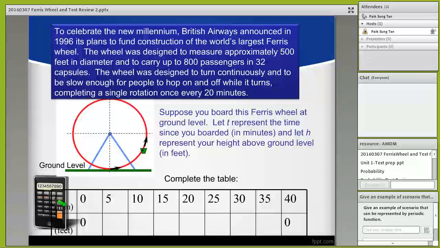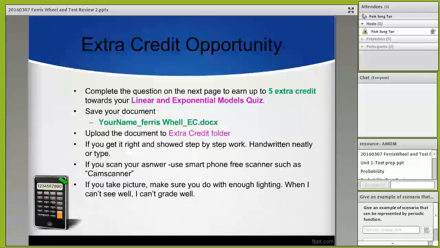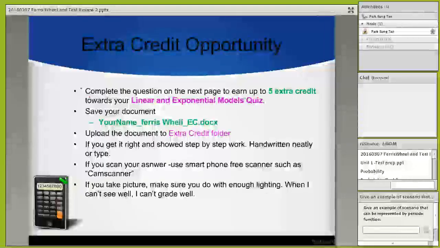Can you calculate your time and your height in feet at time 0, 5 minutes, 10 minutes, 15 minutes, 20 minutes, 25, 30, and 35? Use the lesson I taught earlier in this session to help you show all the work to earn the 5 extra credit points towards your linear and exponential model quiz.